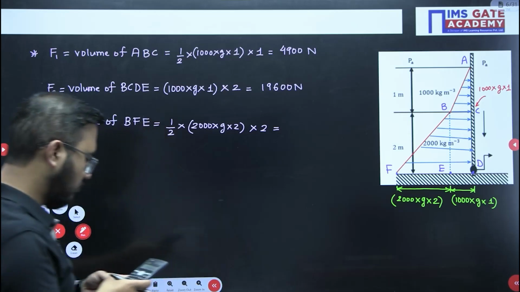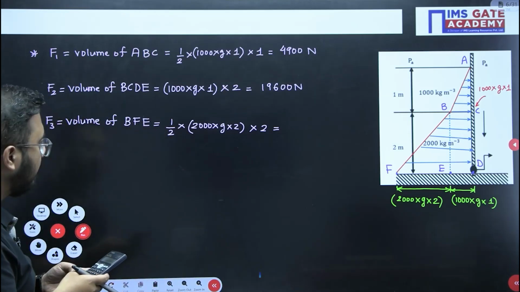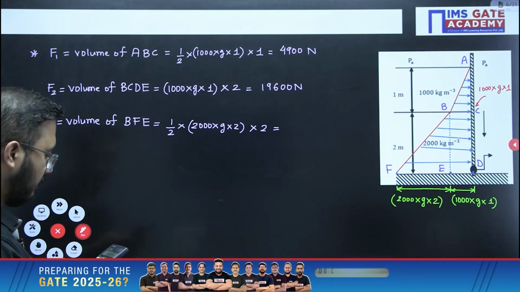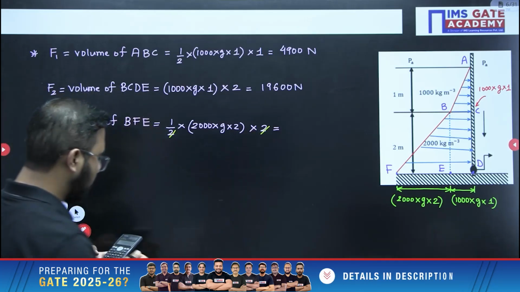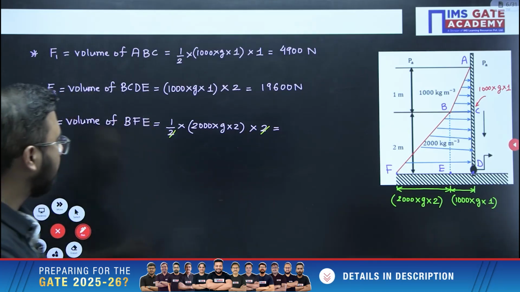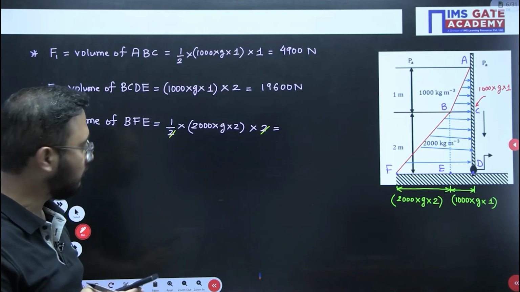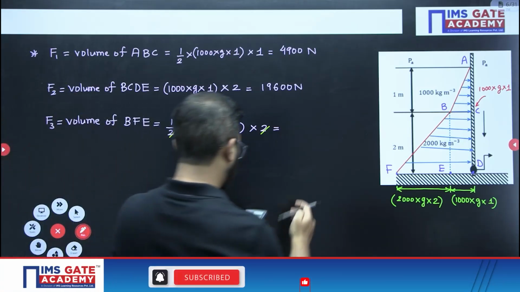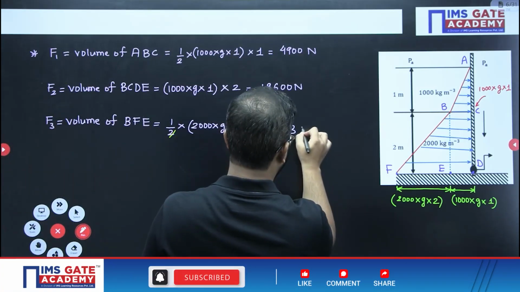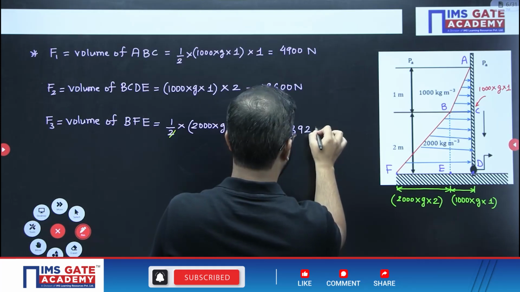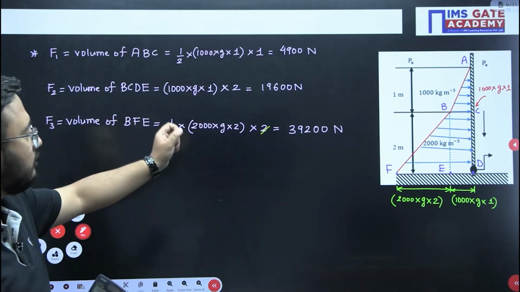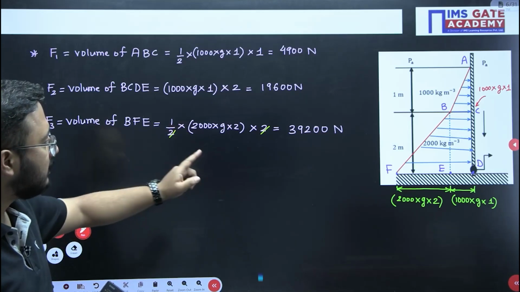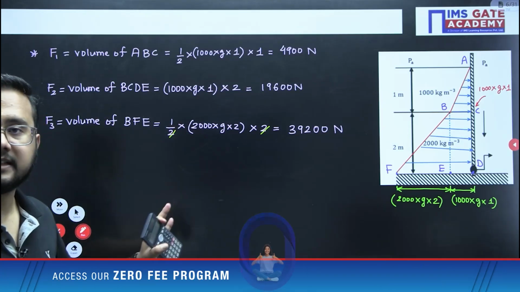And here it is 2000 into 9.8 into 4. This 2 and 2 will get cancelled out, so instead of multiplying 4, we can simply write 2. That is coming as 39200 Newton. So 4900, 19600, and 39200. So these are the forces.